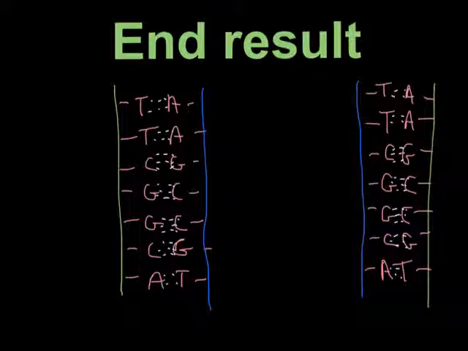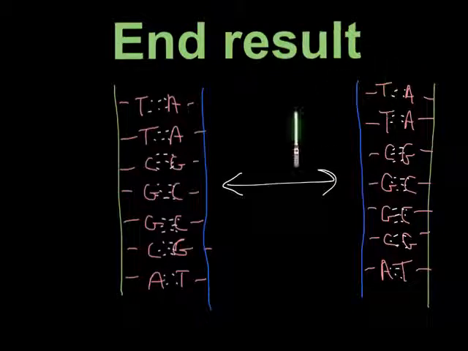If you look at these, they are identical to each other. TTC, GGCA, and over here TTC, GGCA. If you rewind, you'll see that was identical to the DNA that we started with. So we now have 2 molecules of the exact same DNA.